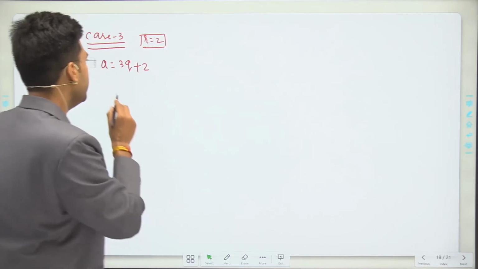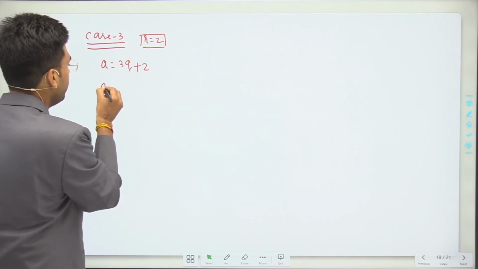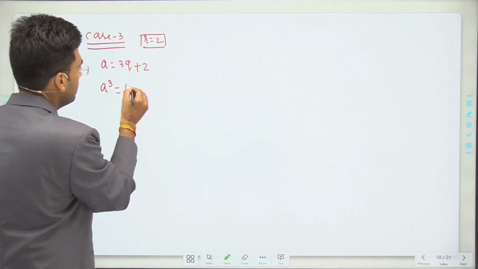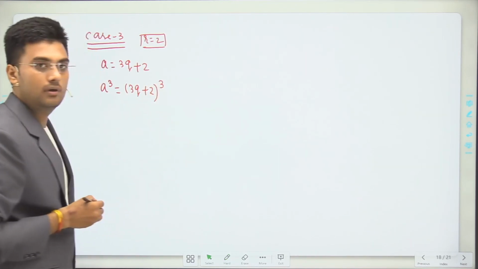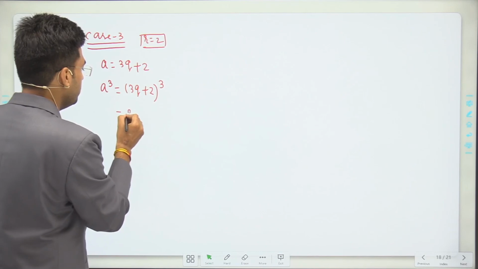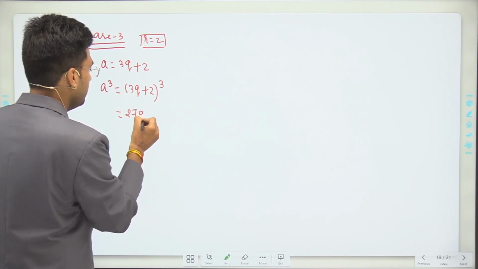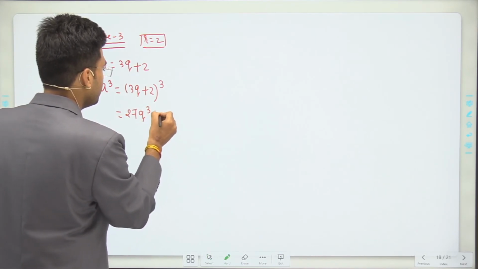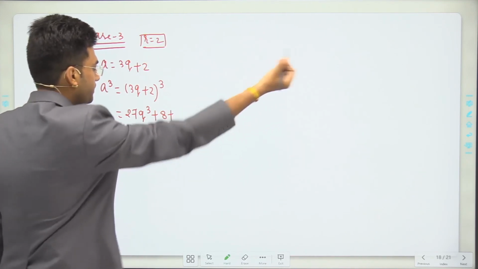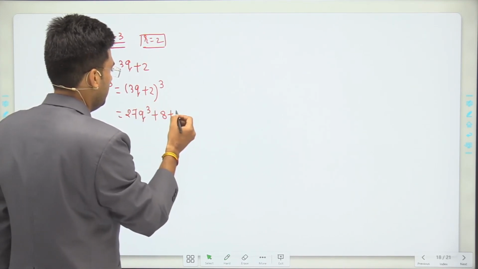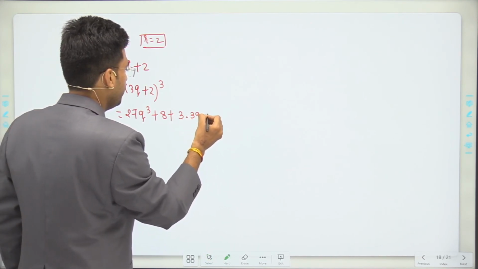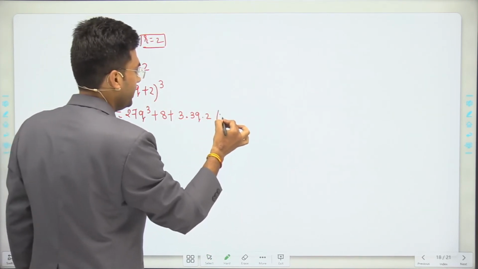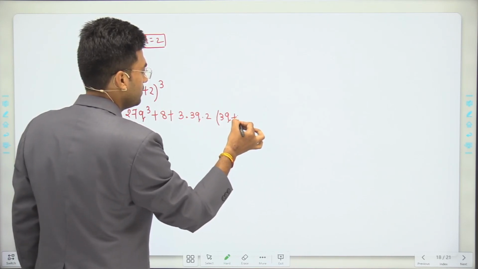Now if a is equal to 3q plus 2, then a cube is equal to 3q plus 2 whole cube, and it is equal to 27q cube plus 8 plus 3 multiplied by 3q multiplied by 2 multiplied by 3q plus 2.